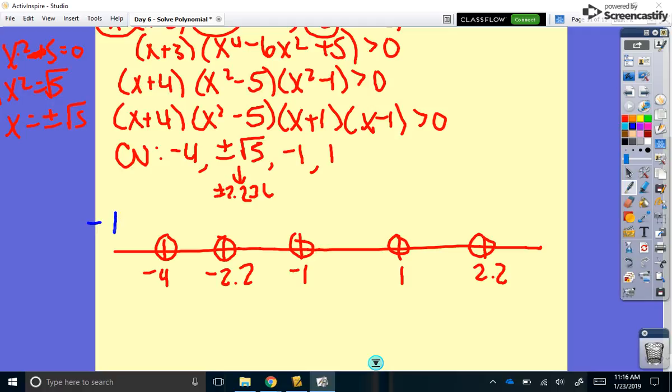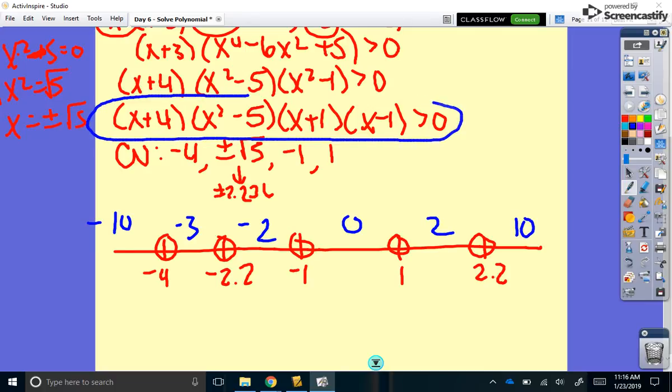Then I'm going to pick negative 10, negative 3, negative 2, 0, 2, and 10. And we're plugging it into completely factored form, which is here. So I'm going to have 4 signs. Negative 10 will be negative, positive, negative, negative, which is negative.